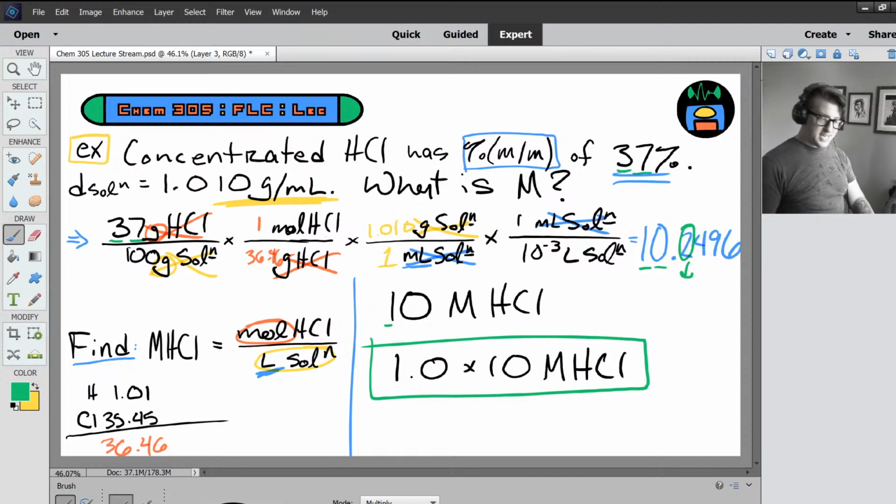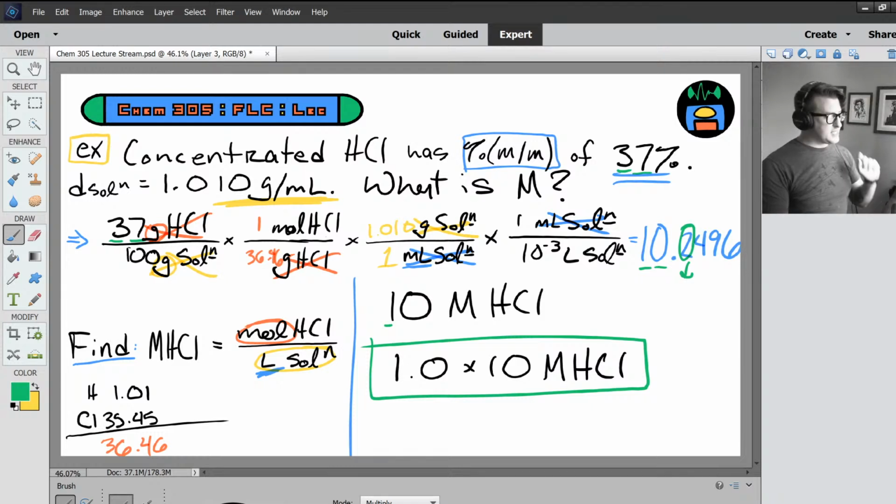All right, so that is an example of how you can take a concentration in percent mass and convert it into molarity. That could be one type of problem that you could run into on the exam.